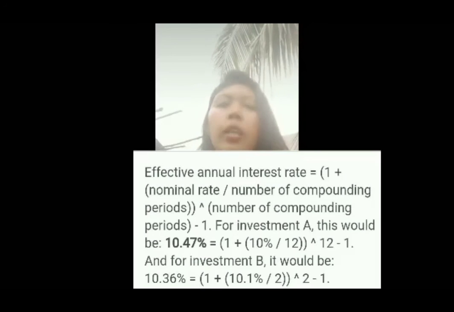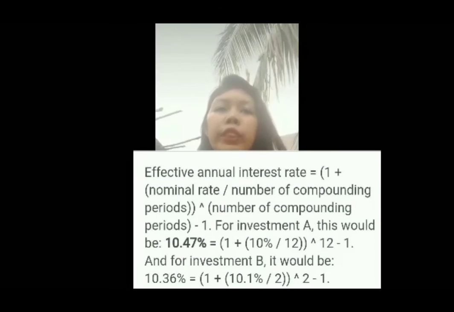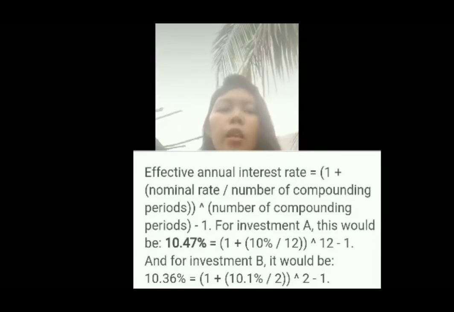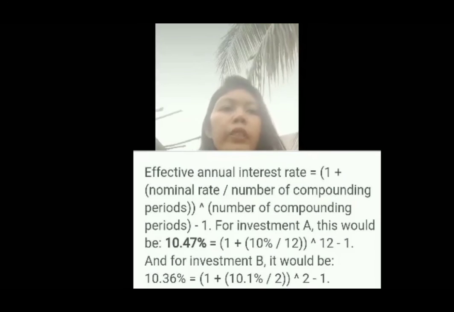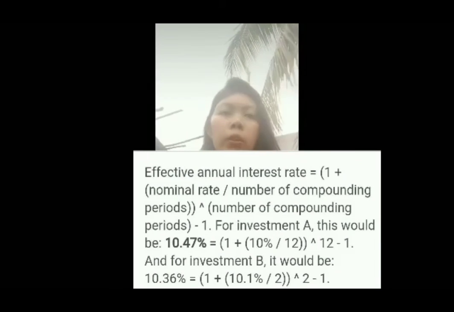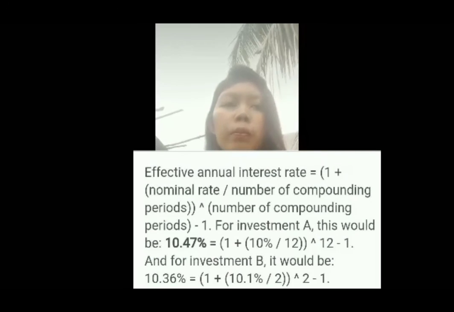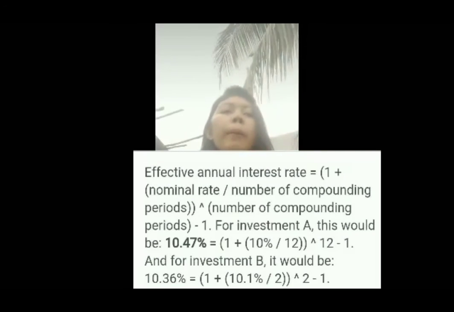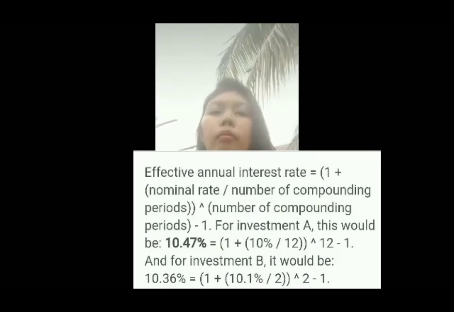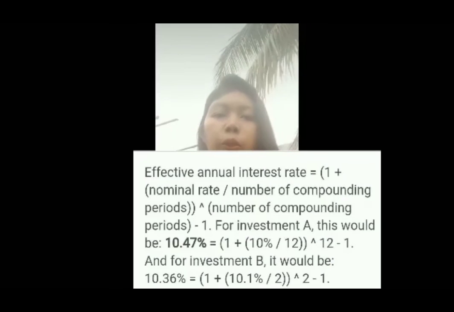For investment A, this would be 10.47%, equal to 1 plus 10% divided by 12, raised to 12, minus 1. For investment B, it would be 10.36%, equal to 1 plus 10.1% divided by 2, raised to 2, minus 1. That's it.